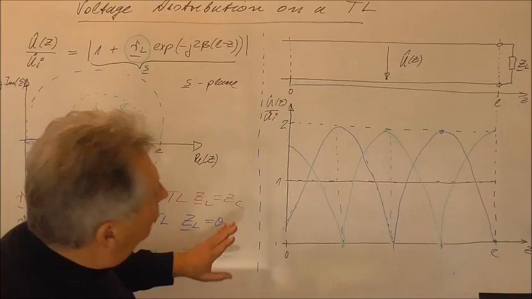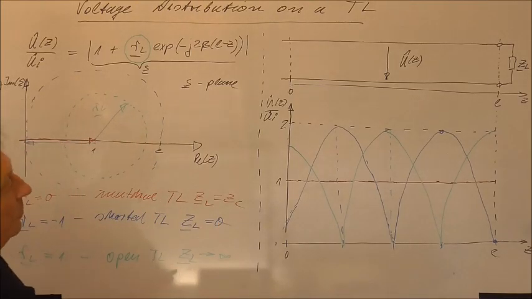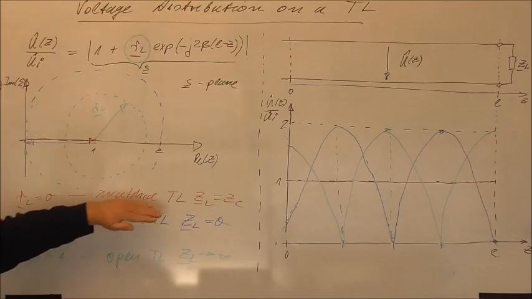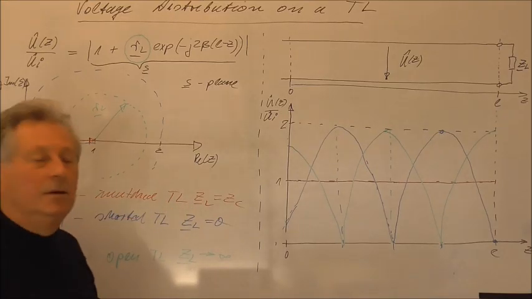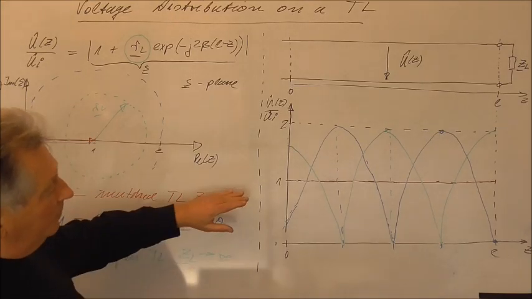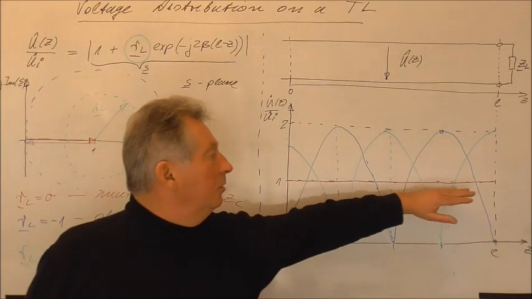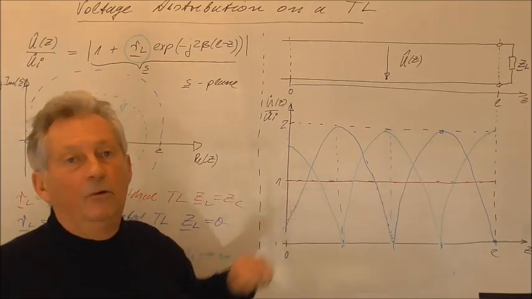So we can conclude we have 3 different situations. We have one which is called the matched transmission line. In the case of the matched transmission line, we would measure all over the transmission line the same voltage.